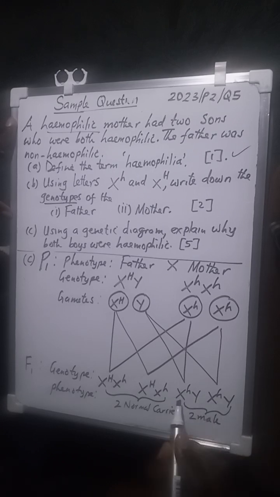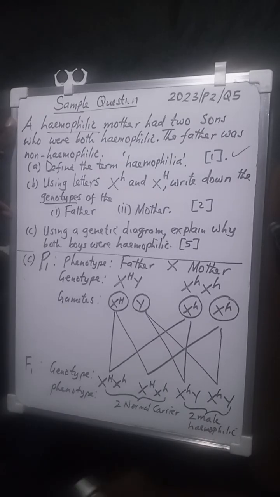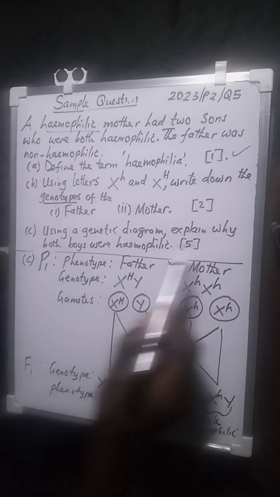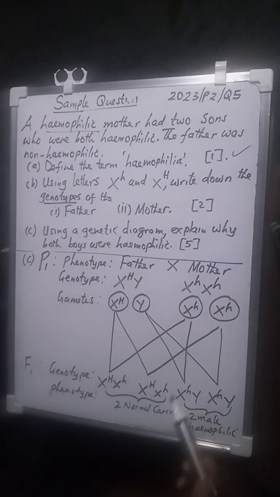And if you notice there, because they have that recessive allele on their X chromosome, it simply means that they are hemophilic, or they are actually sick. So we can see from this genetic diagram that indeed, the boys are actually going to be hemophilic. The question was saying, using a genetic diagram, explain why both boys were hemophilic. So you can see there.